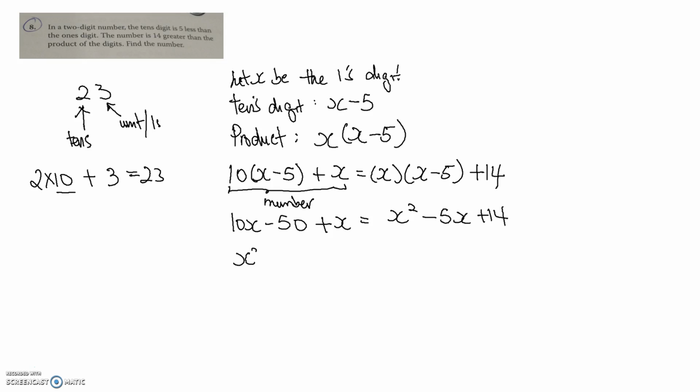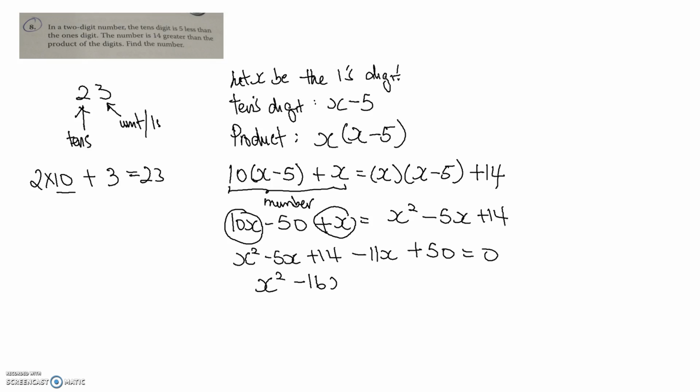So we have x squared minus 5x plus 14 minus 11x, because I get 10x plus x over here, minus 11x plus 50 equals 0. So what do you have here? x squared minus 16x plus 45 equals 0.